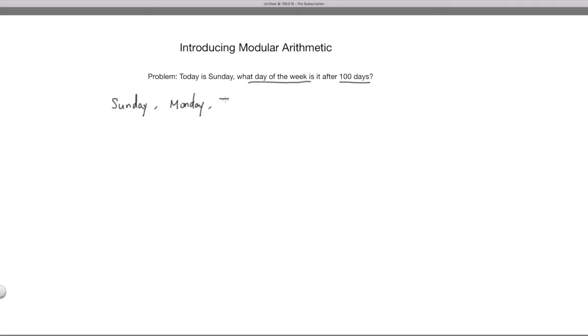In 2 days will be Tuesday. 3 days, Wednesday. 4 days, Thursday. And then Friday, that's 5 days. And Saturday. And then in 7 days, it comes back to Sunday.